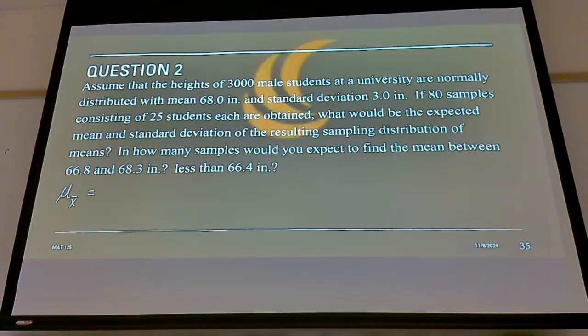What's the sample size? Sample size would be 25. That's less than 30. Oh, but wait. Our population is normally distributed, so it doesn't matter what our sample size is.